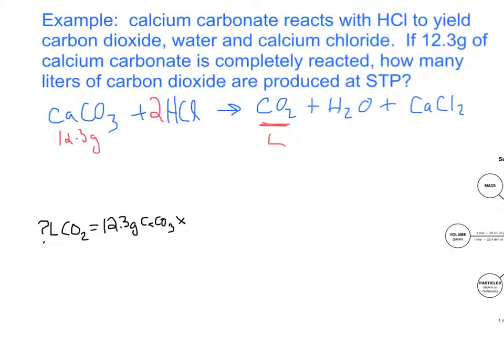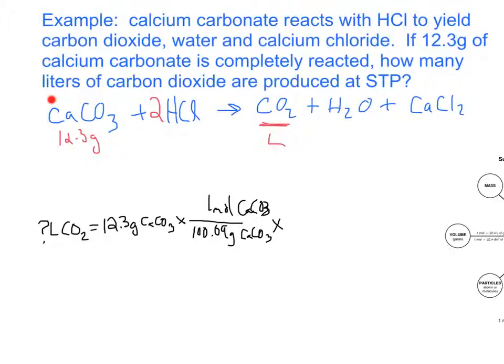The first conversion factor is going to have the molar mass of calcium carbonate on the bottom, which is 100.09 grams of calcium carbonate is 1 mole of calcium carbonate. That takes us to moles of calcium carbonate.